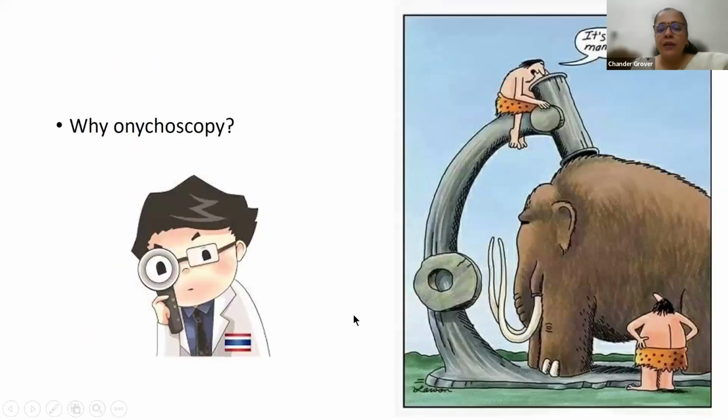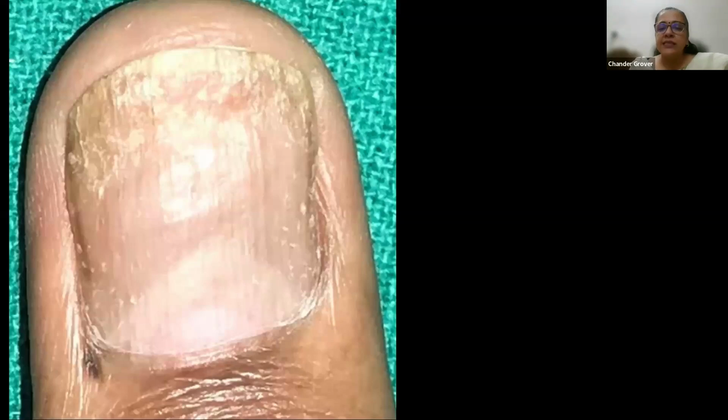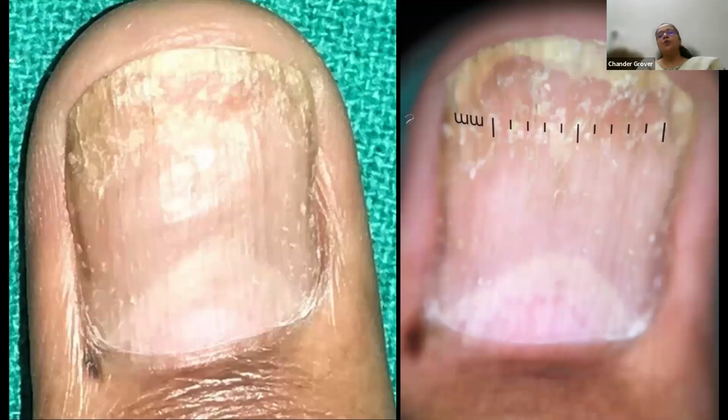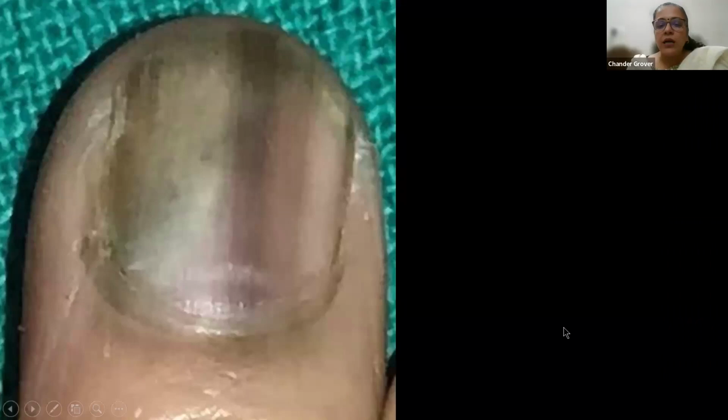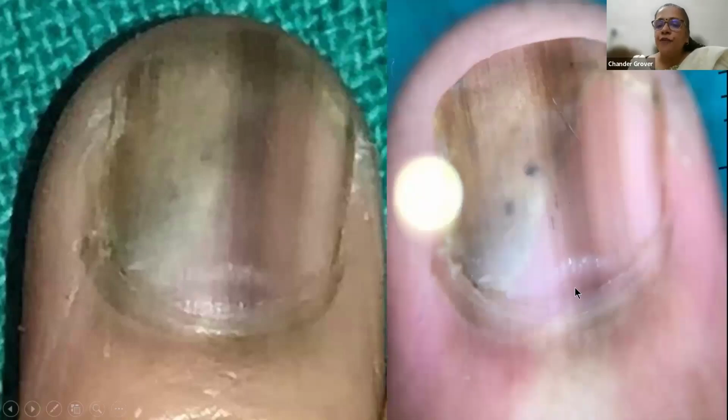In onychoscopy, this is the famous cartoon. Do you need it? It's a mammoth. No, but you do need it. Through this series of images I was trying to show you the advantage that onychoscopy offers to us. You can clearly see the stippled lunula and the clear edge of the margin. All this was not visible before, I think.